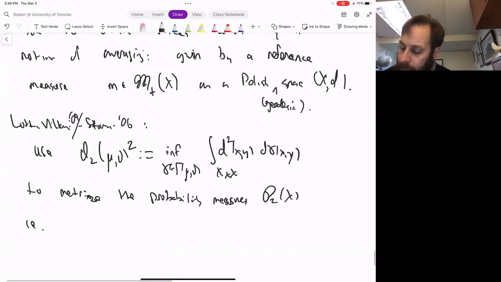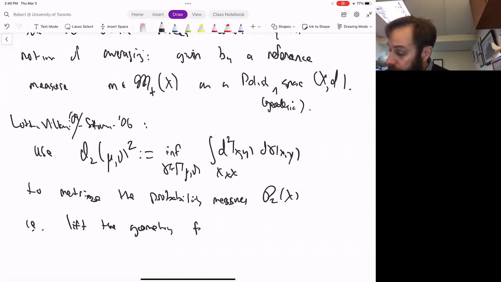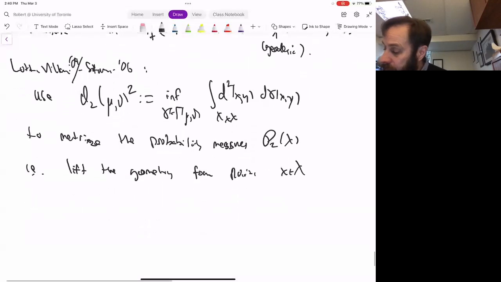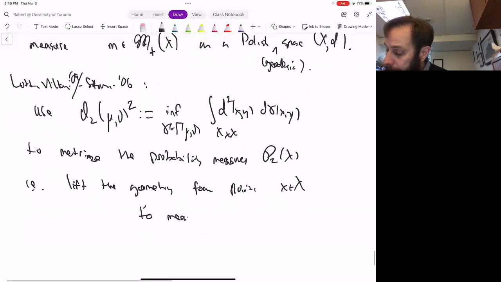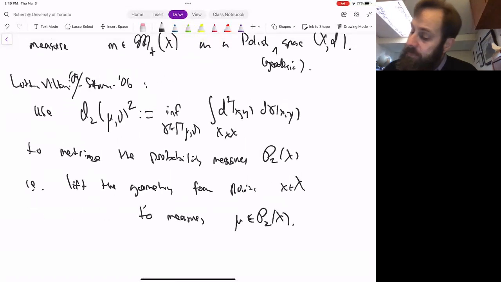I.e., lift the geometry from points to measures. From points x in capital X to measures mu with second moments. Say compact support would be fine. Or bounded support, whatever. And then you have a good notion of geodesic. As soon as you have a distance, they may not exist. They will exist if it's a geodesic space, but they may not exist otherwise.